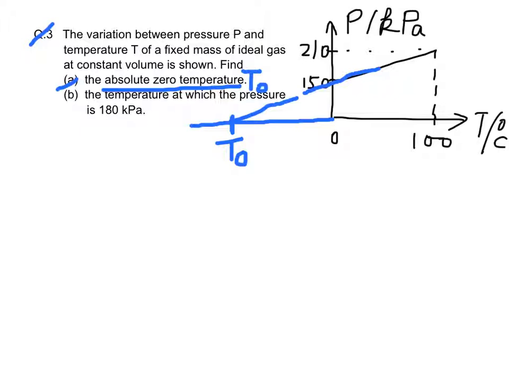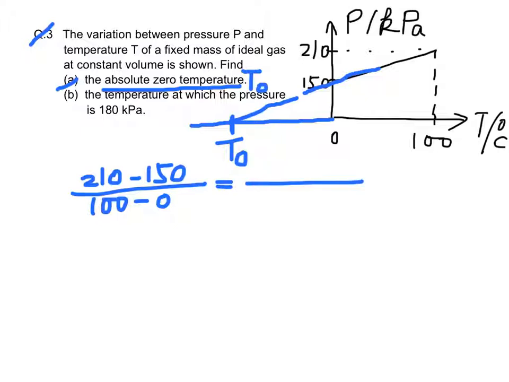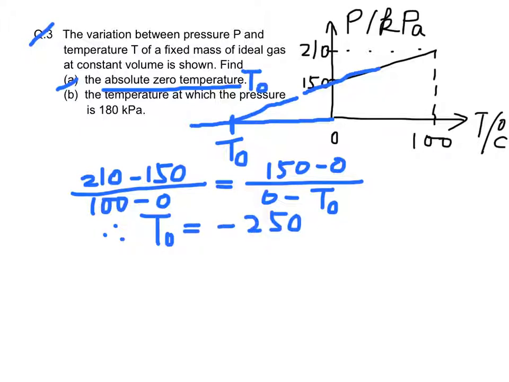The slope of the graph is constant. Therefore, we have (210 minus 150) over (100 minus 0) equal to (150 minus 0) over (0 minus T0). Therefore, the absolute zero temperature from the experiment is equal to negative 250 degrees Celsius.